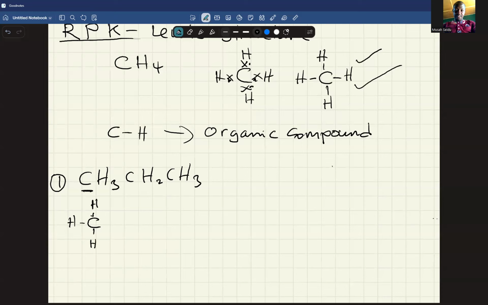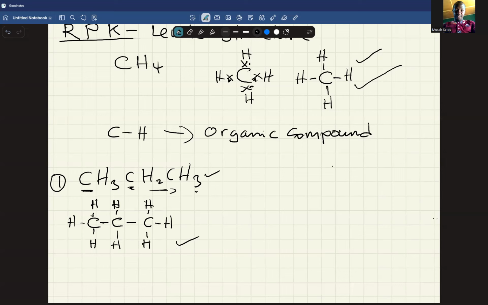Now, on its right, it is bonded to another C. That's why I didn't put the hydrogen starting from that side. So I have to write the second C bonded to 2 hydrogen. On its right side, it's bonded to another C, so I'm not going to put any H on the right side. Now, on the right side, it's bonded to another C, which is bonded to 3 hydrogen. So that is how to write the structural formula of this one here.